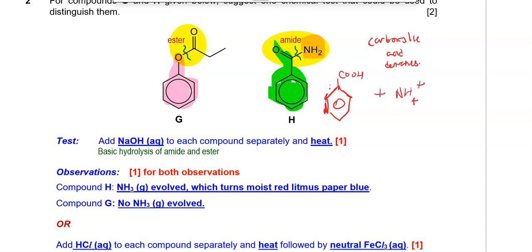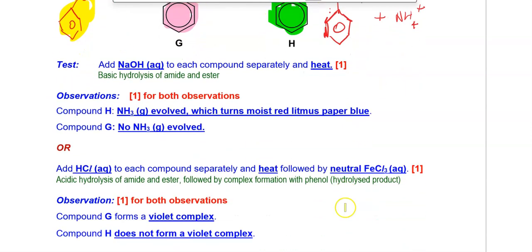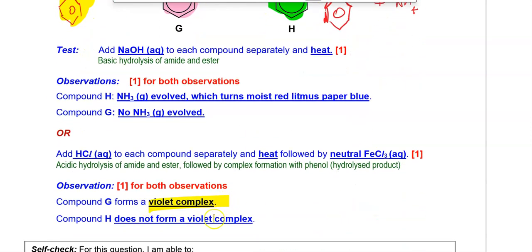Okay, that's acidic hydrolysis. For your ester, you get your phenol, and that's why we can test for it using aqueous neutral iron(III) chloride. Okay, so your phenol here is the one that's responsible for your violet complex. Okay, and that's question 2.